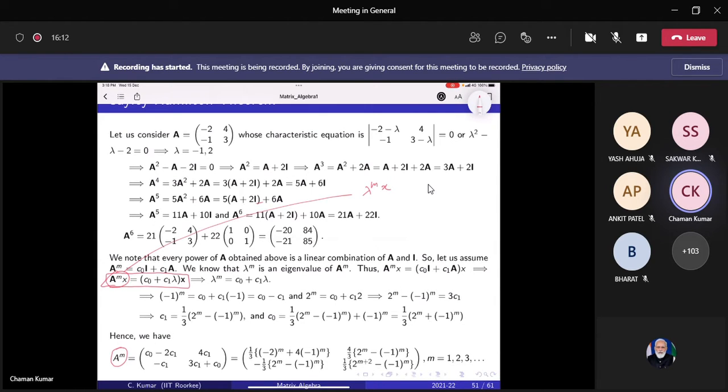Okay, so you get lambda^m x, and right hand side is (C0 plus C1 lambda) x.